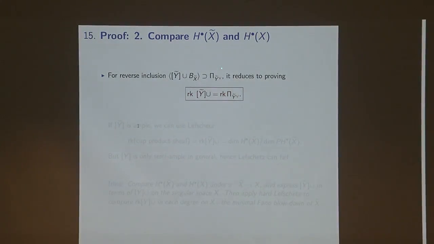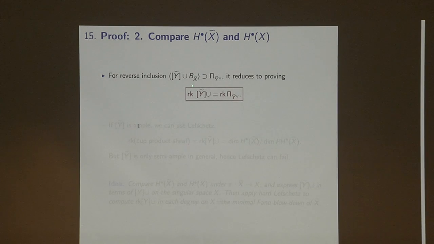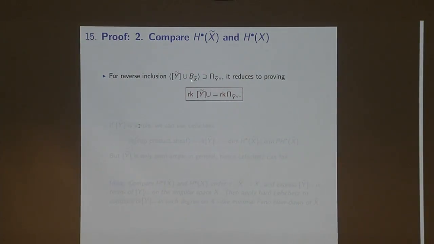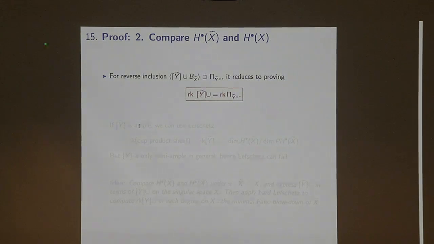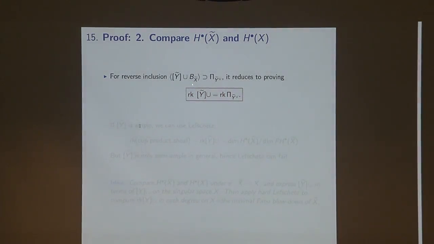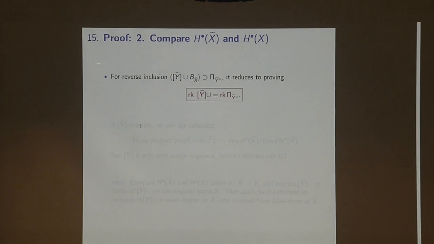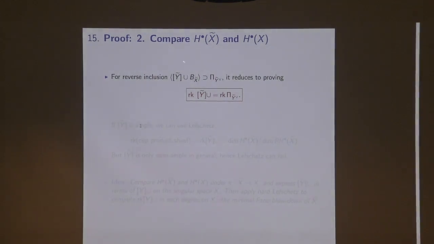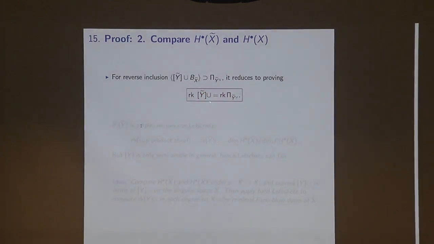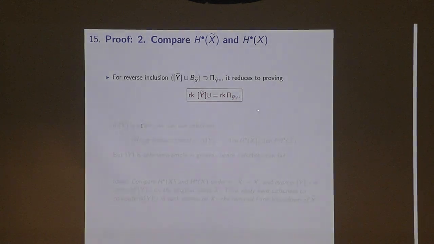So that, of course, reduces to, because the B series takes value in the cohomology group, and every component of the cohomology group is involved in the B series. So this shows that the rank of the cup product sheaf agrees with the rank of the cup product by the anti-canonical divisor. So proving this inclusion reduces to proving this numerical equality of ranks.